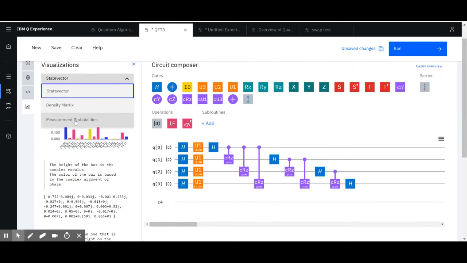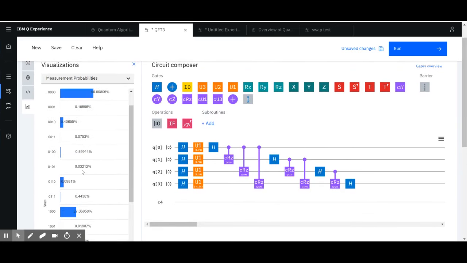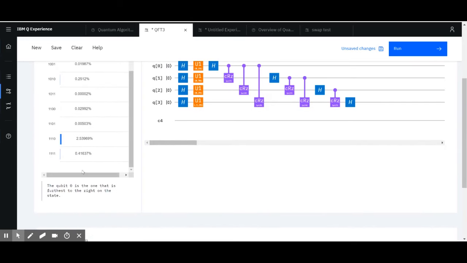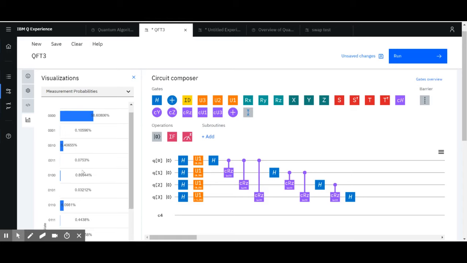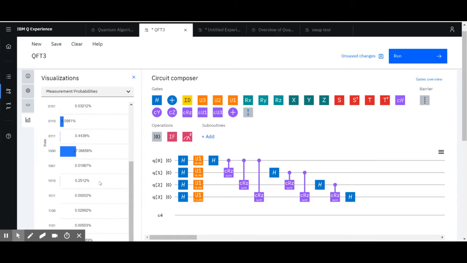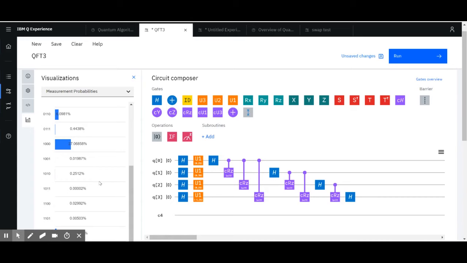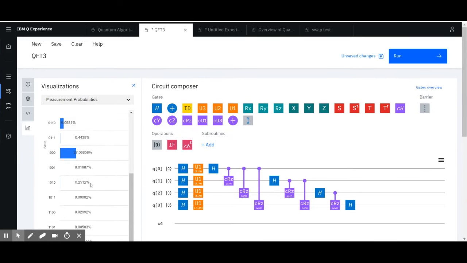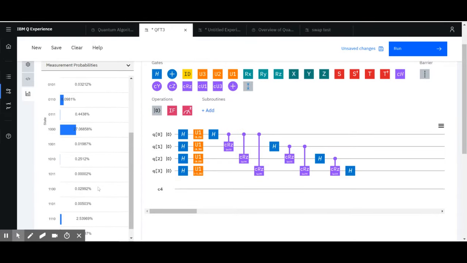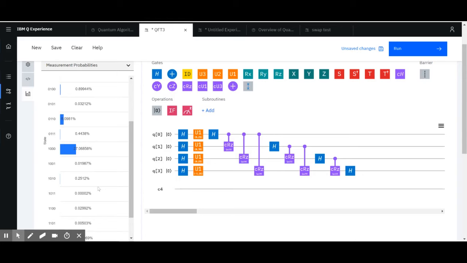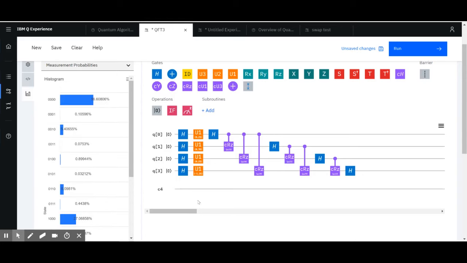So this is basically the result. If I go to the measurement probabilities, this is the result. So it's mostly composed of frequency 0. But I don't know if that's the correct result or not. I have to find an example that helps me understand a bit more what's going on.